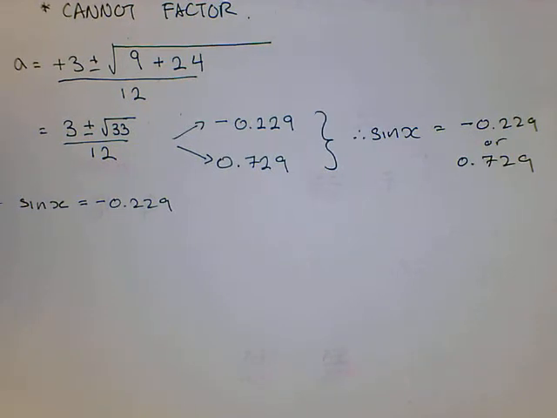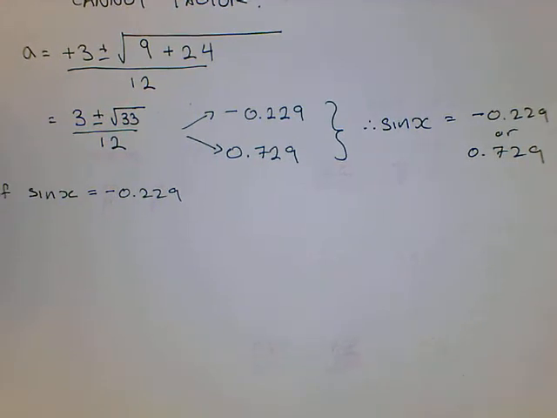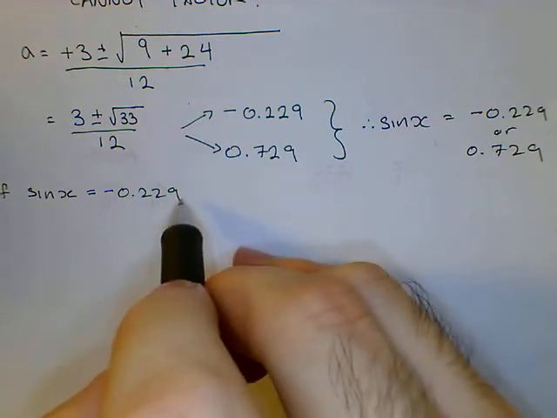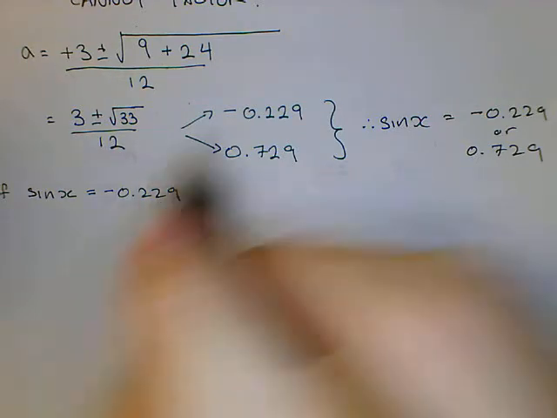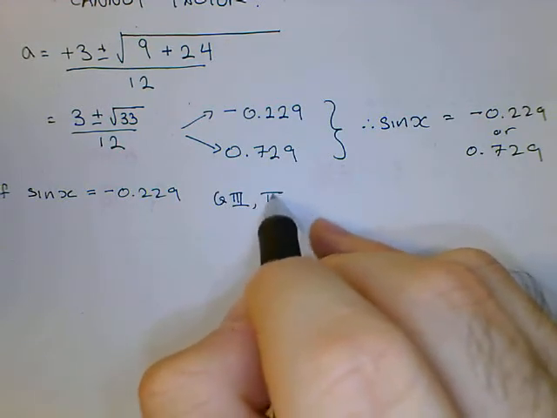In my head, I just assumed, but let's write it all out. So if sine equals negative 0.229, because it's negative, I automatically know it's in quadrant 3 and quadrant 4.